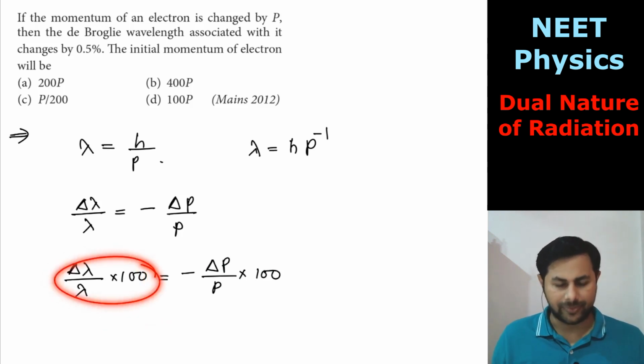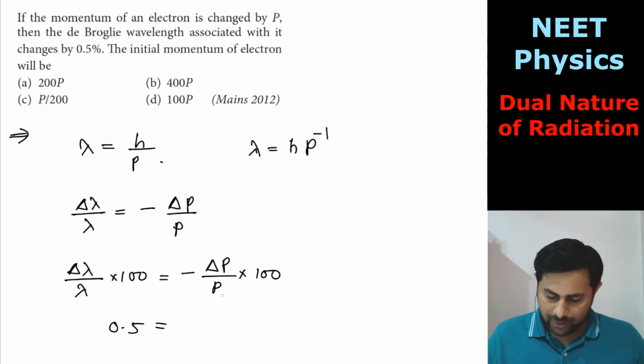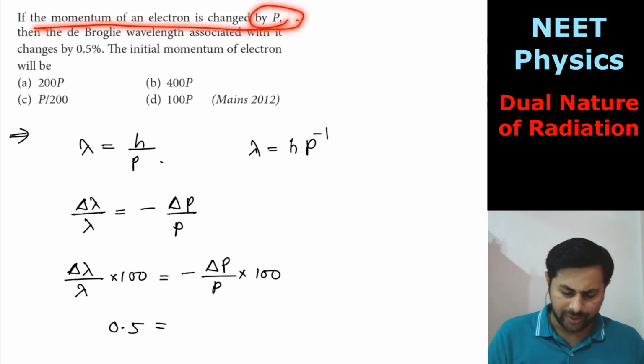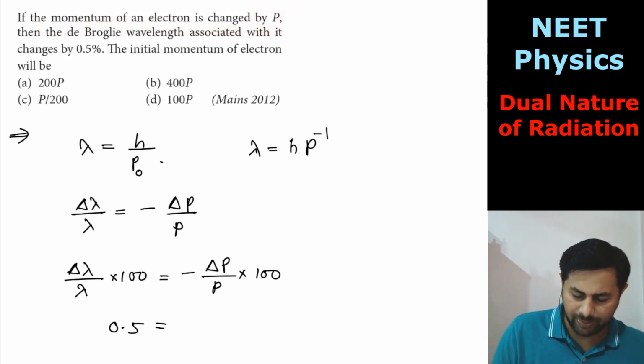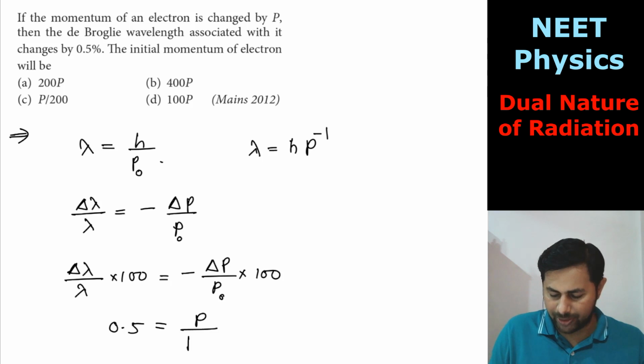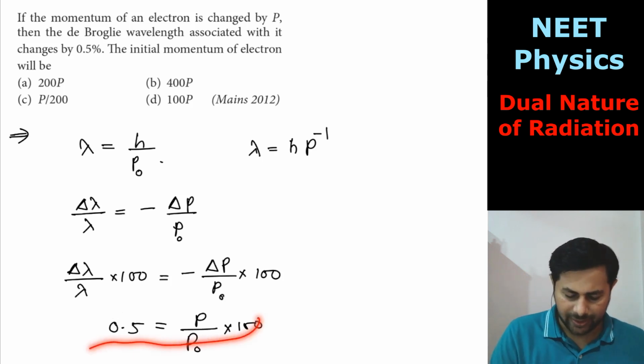Percentage change is 0.5. This is equal to 0.5, but they are saying that momentum of electron is changed by p. So let's call the initial momentum p naught, and change in momentum is delta p, so that you can call p then. So that's equal to p by p naught times 100 is equal to 0.5, and then you can move this thing on this side.